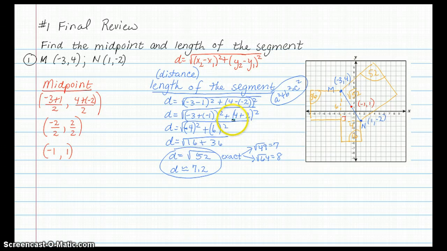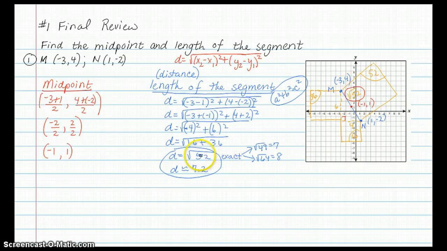I want you to use the subtraction rule here, so it's -3 plus the opposite of 1 squared, and then 4 plus the opposite of -2, which is 2 squared. -3 and -1 is -4 squared. 4 plus 2 is 6 squared. So d equals the square root of 16 plus 36. When added together, d equals the square root of 52, which matches what you had right here.